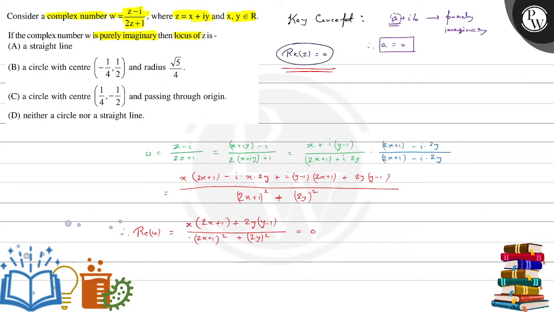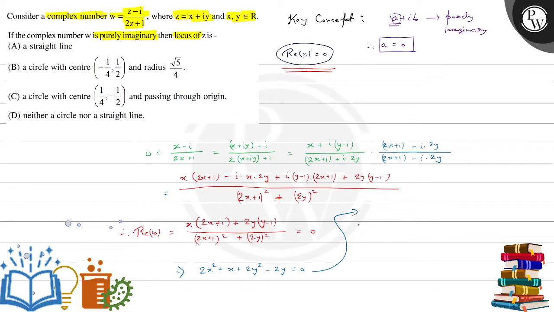अब यहीं से हम लोग सिंप्लीफाई करके देखेंगे कि इसका कार्टेशियन इक्वेशन क्या आ रहा है. Let us see. From here, this denominator multiplied by 0, ये ऊपर चला जाएगा. We'll be having 2x squared plus x plus 2y squared minus 2y equal to 0.